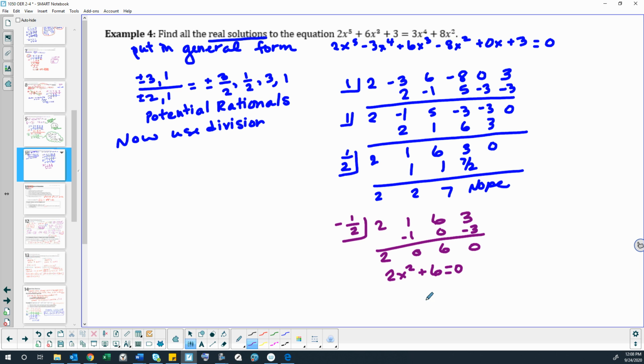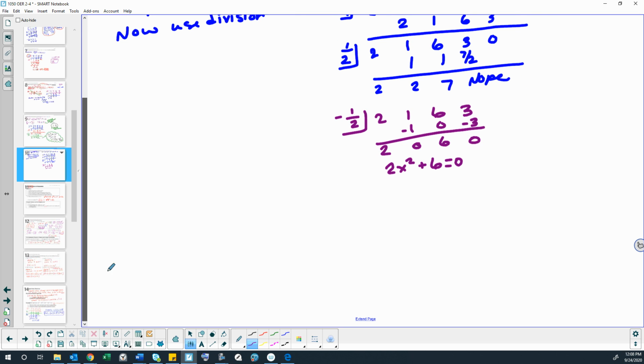All right, I'm going to go ahead now and solve this problem here. We could try factoring it, but it's not going to factor because we could factor out a 2, and then we would have x squared plus 3, and that doesn't factor. We probably just want to move our 3 over to the other side and solve it from that.